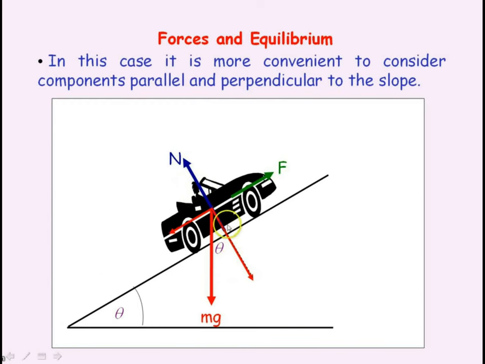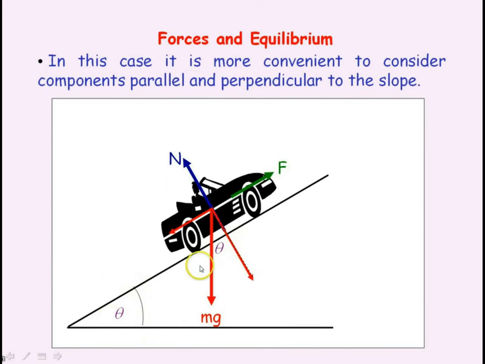And we've also got the parallel component of weight, which is opposite to force F. So these two components can replace our one component of weight. Our weight is making an angle theta from its perpendicular component, and this angle theta is the angle of the incline of the slope.